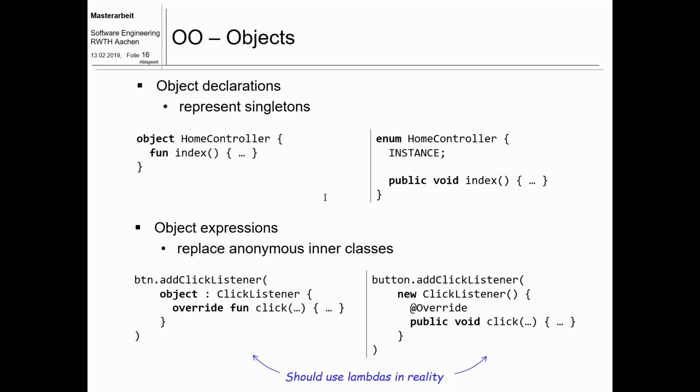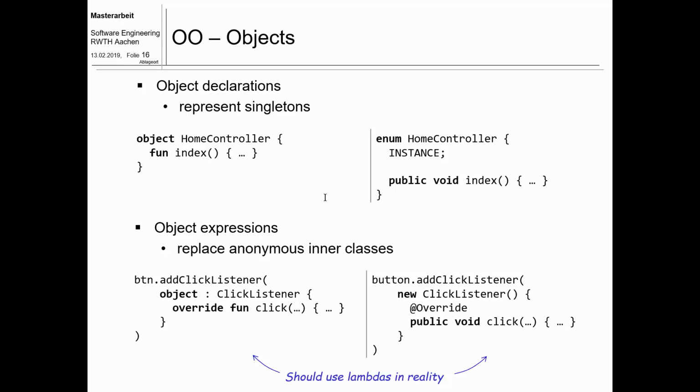So where you would use an anonymous inner class in Java, you just use an object in Kotlin. And you can see there that you can also define superclasses or implement interfaces using object expressions. So these are kind of similar to the normal class keyword, but of course they represent just a single object at runtime, whereas a class is kind of like a blueprint for objects.